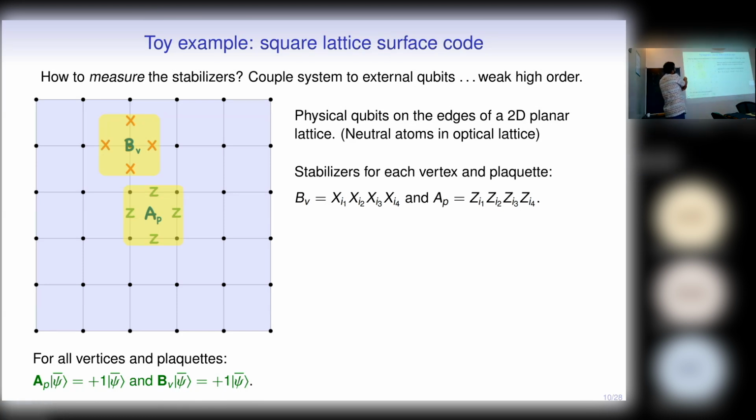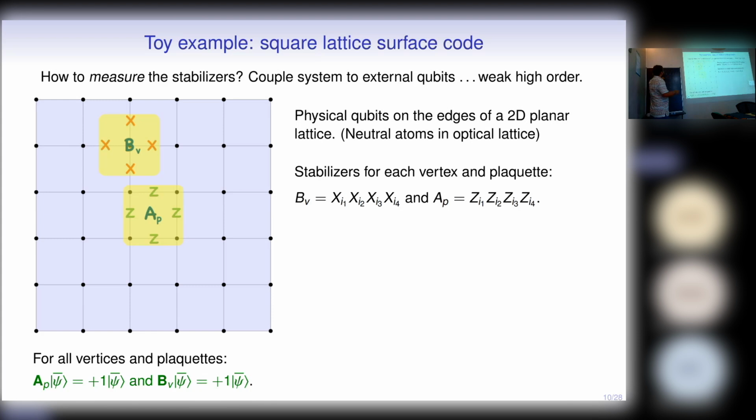Now, think of each vertex in this grid as specifying an operator, which is a stabilizer. What's that operator? It's precisely an X on all the edges that touch this vertex. Earlier we had this operator. Now I'm saying I won't write this explicitly.